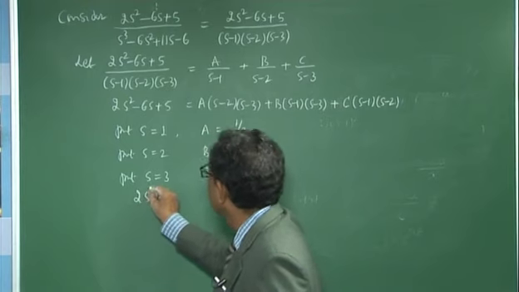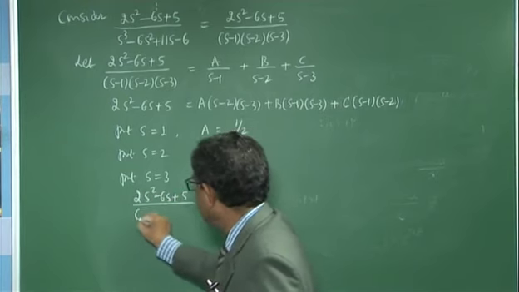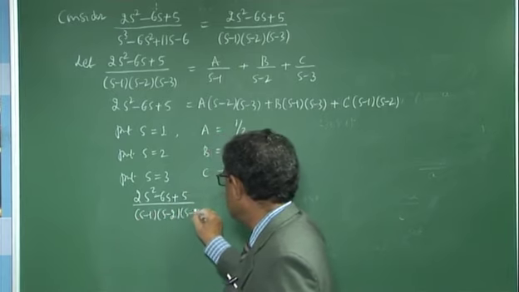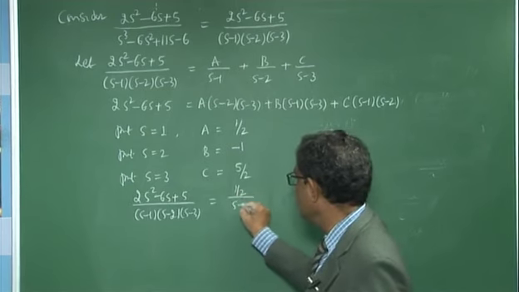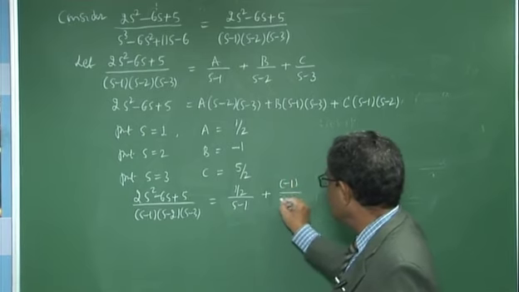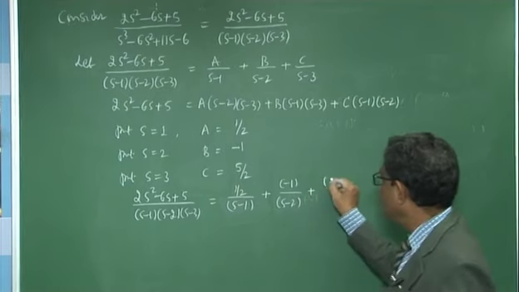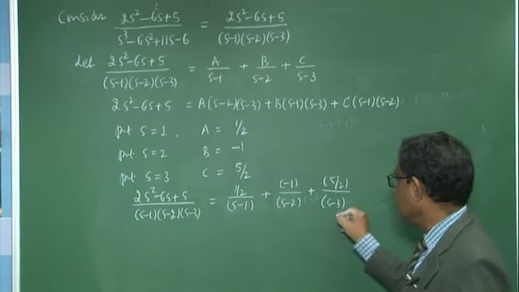(2s² − 6s + 5) / ((s − 1)(s − 2)(s − 3)) equals A, value 1/2 divided by (s − 1), B value −1 divided by (s − 2), C value 5/2 divided by (s − 3).